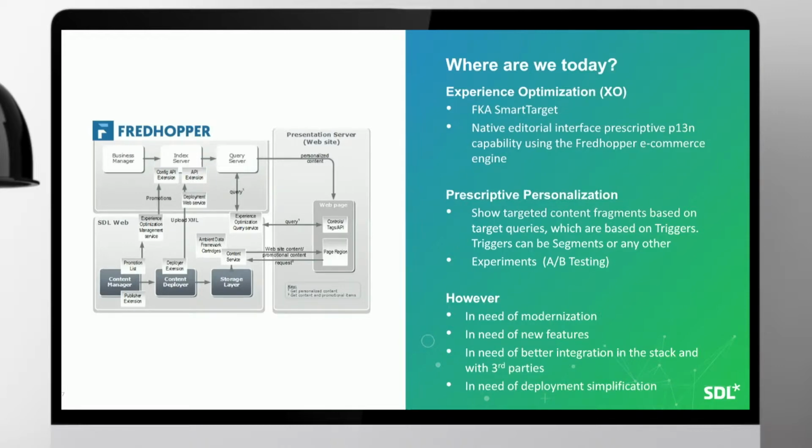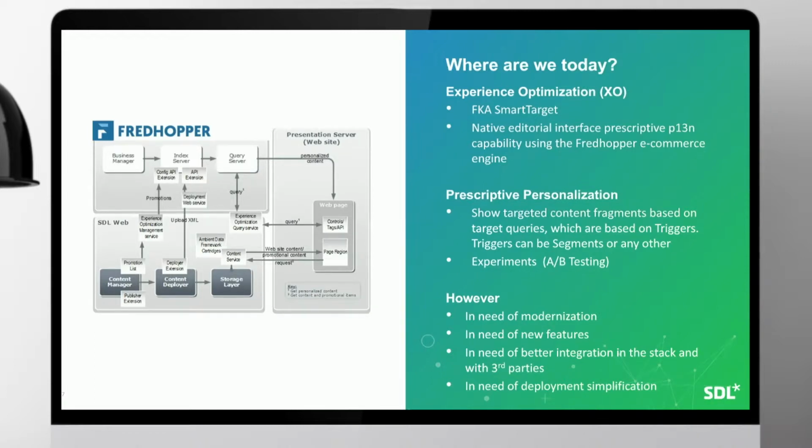What that would give you was that you would be able to show targeted content fragments in your website, and that whole principle or mechanism we basically call trigger-based targeted content offerings.